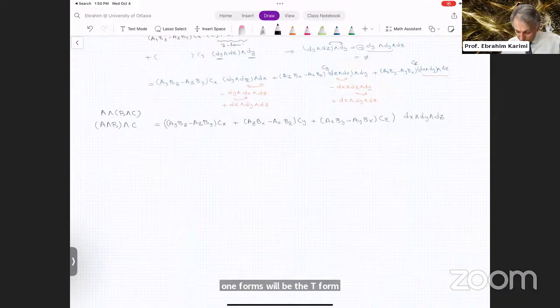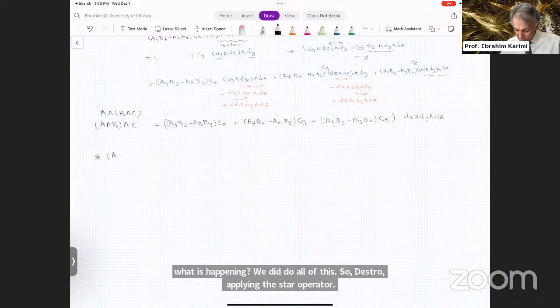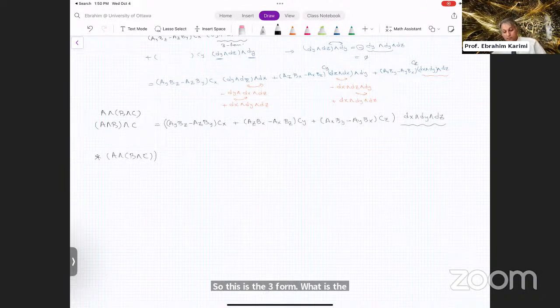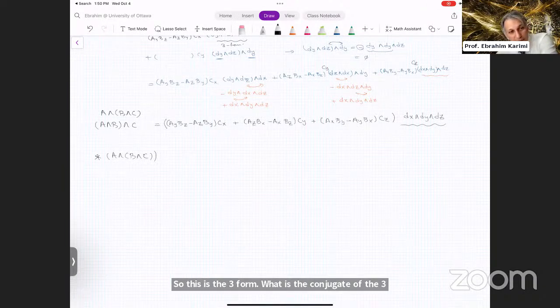Now, what is happening with the dual of this? So applying the star operator to A wedge B wedge C. So this is the 3-form. What is the conjugate of the 3-form in the 3-dimensional space?